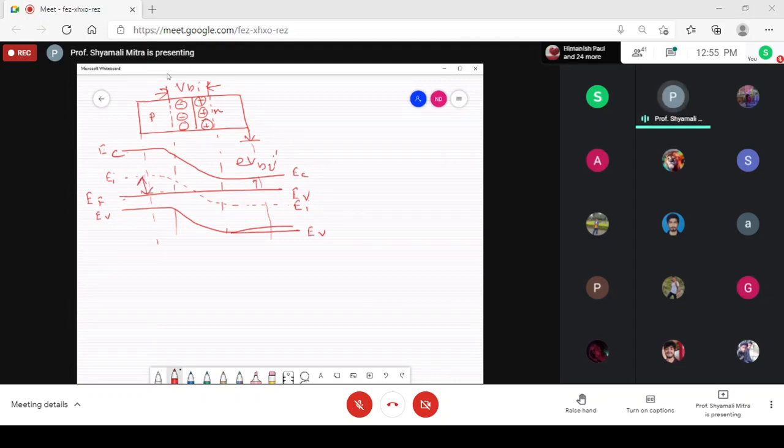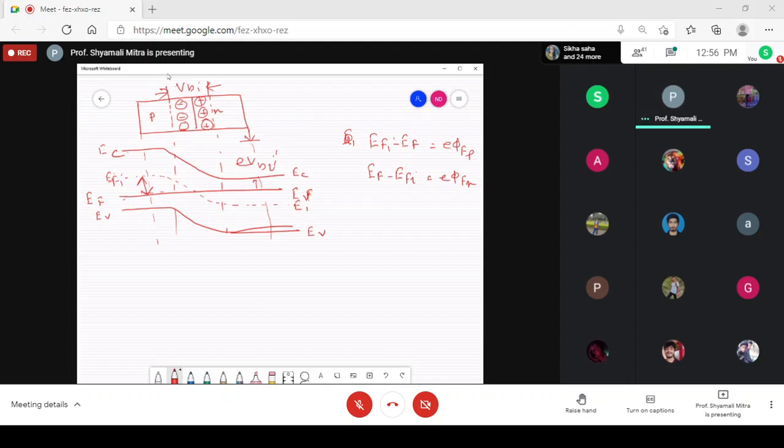Now we can calculate it if we have the values for these two energy levels, that is EF. So EFI minus EF is equal to e phi FP, and EF minus EFI is nothing but e phi FN.